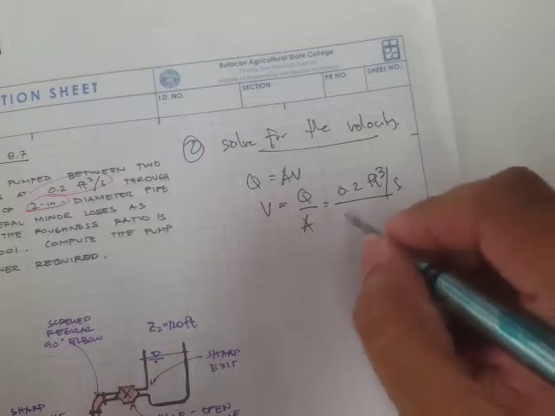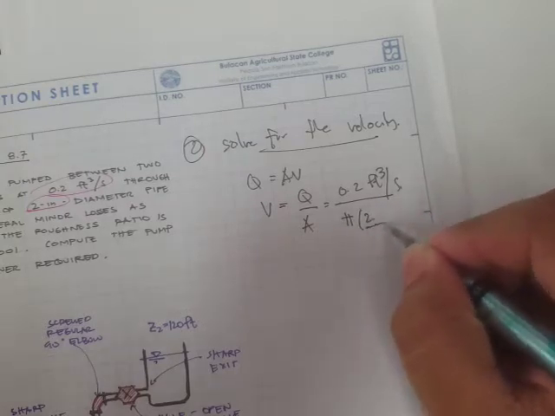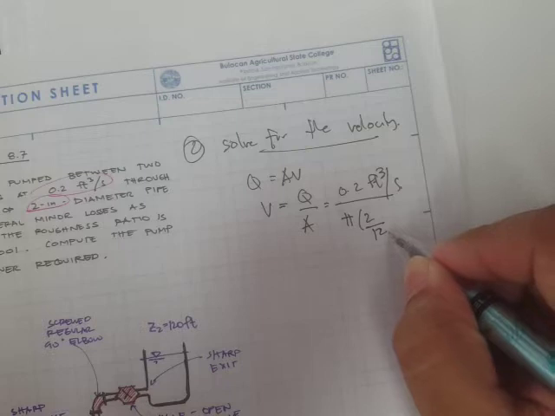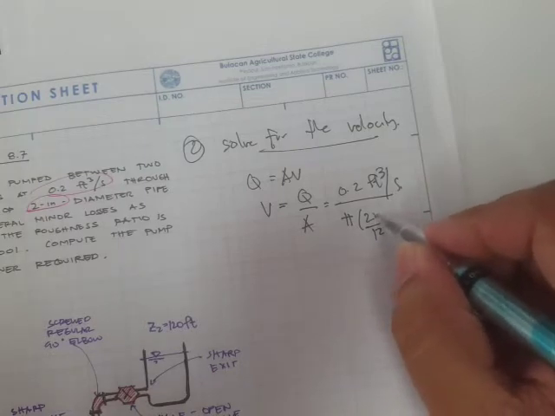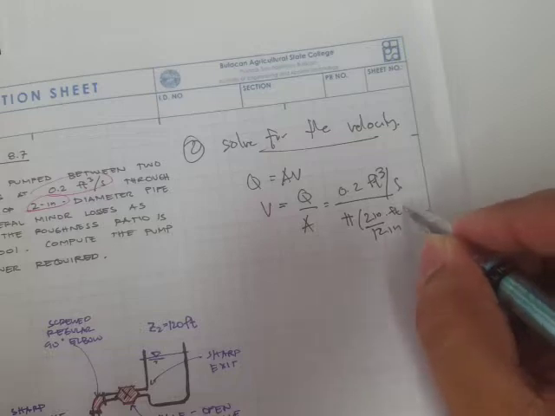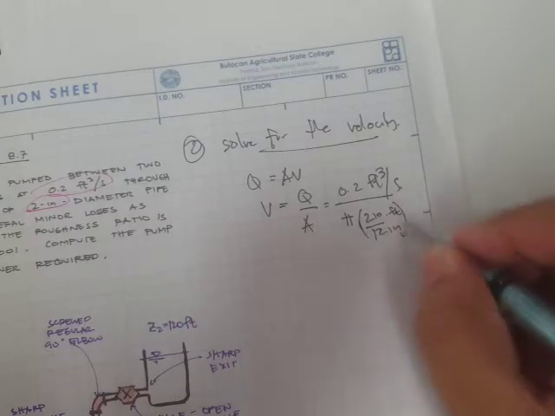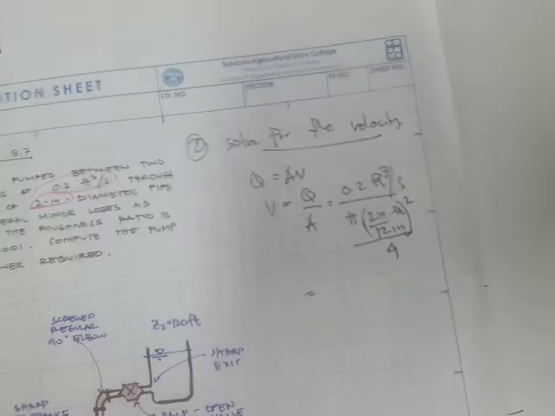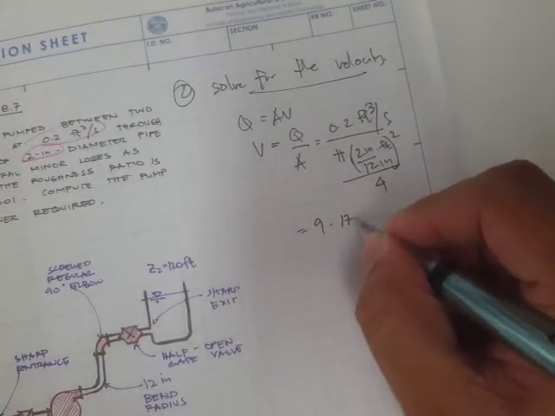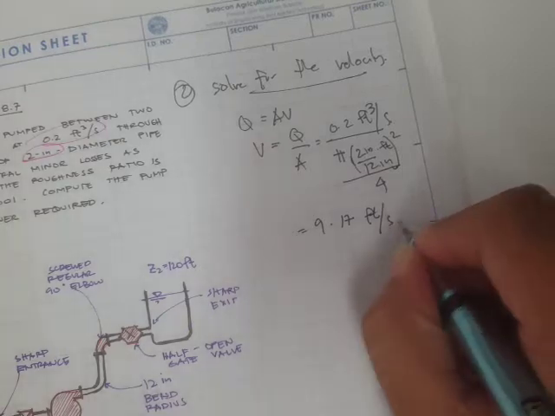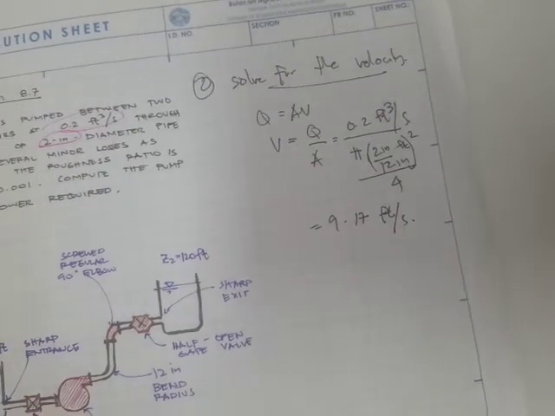So this is pi times 2 divided by 12, right? That's 12 inches in 1 foot. Right, so pi d squared all over 4, and our velocity would be 9.17 feet per second.